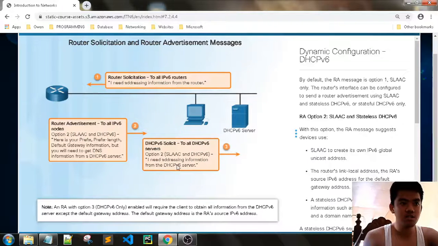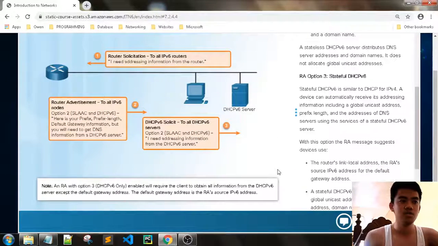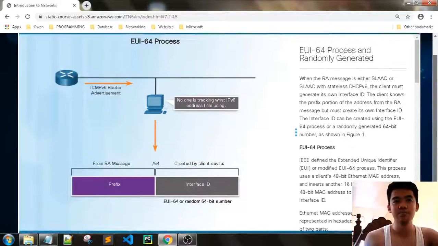DHCP solicit is for additional information, which they obtain from the server. Stateful means the server will provide all the addresses.